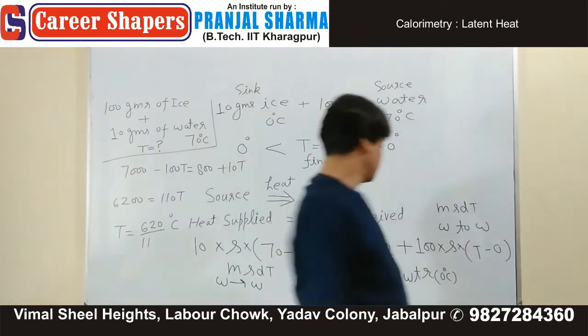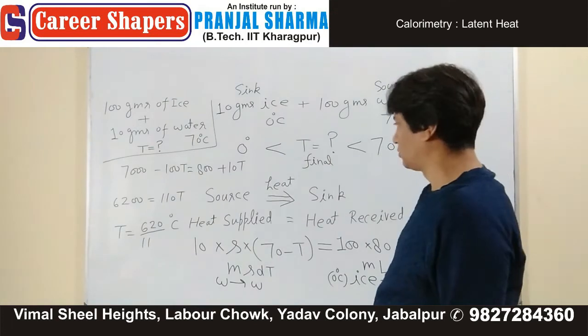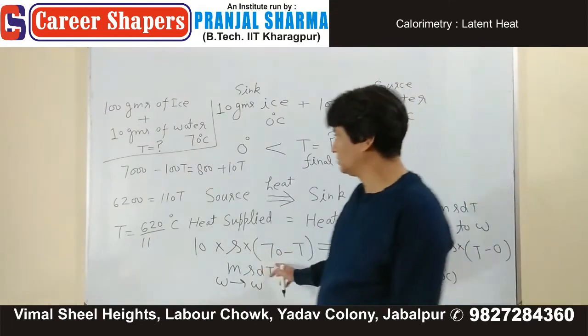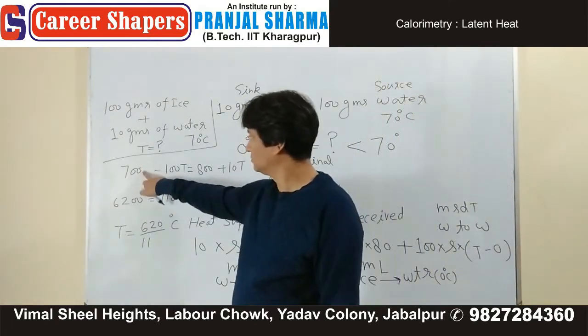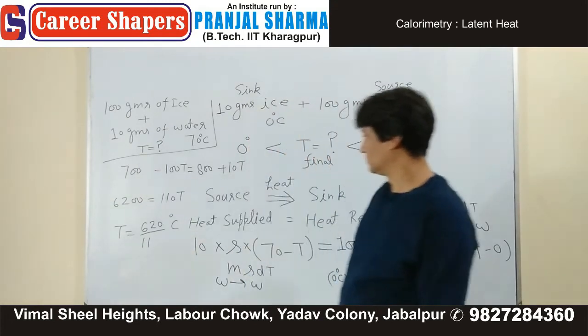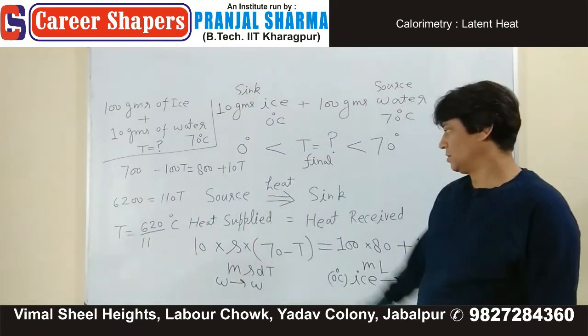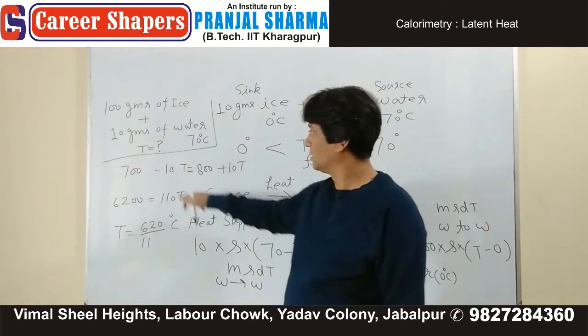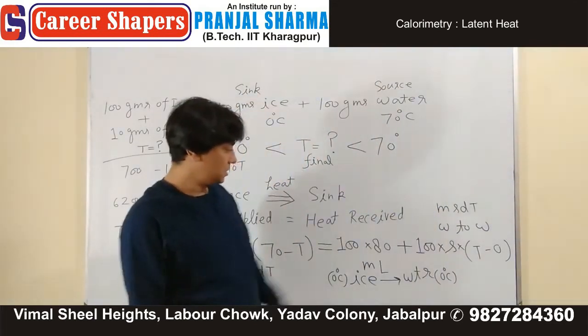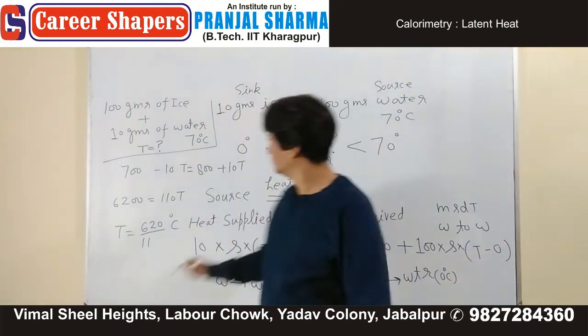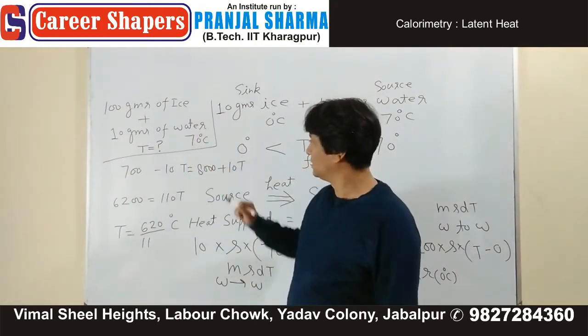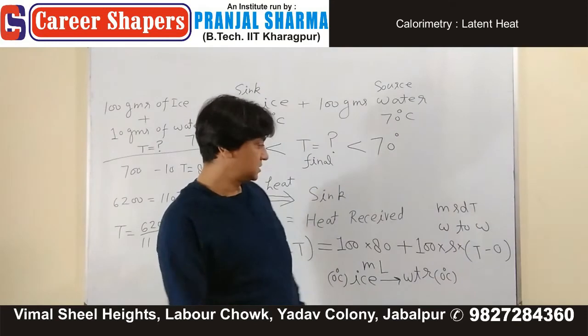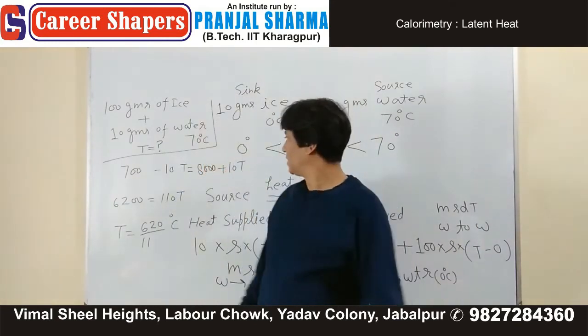And when you solve this equation, you get what? This is 1, so this becomes 700 minus 10T. On this side, you've got 8,000 plus 100T.